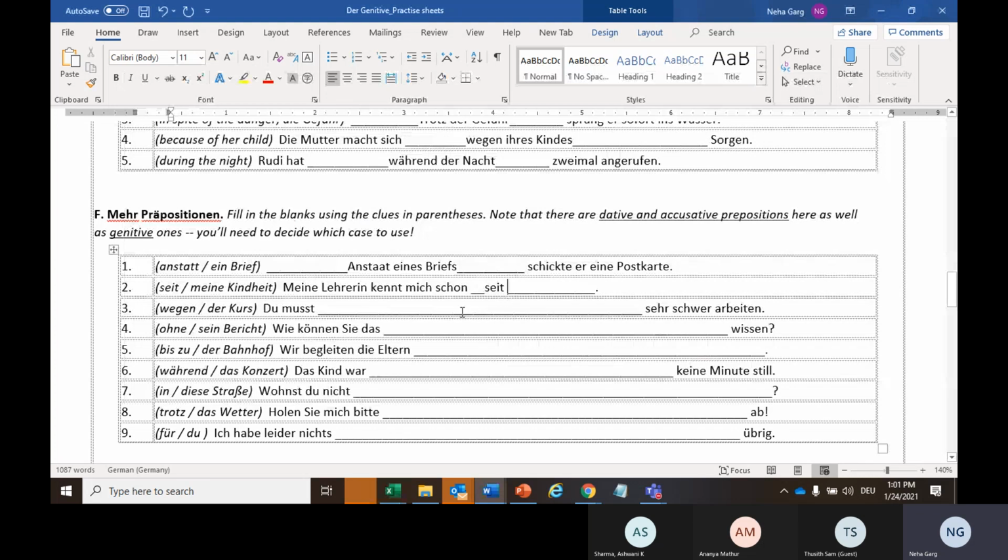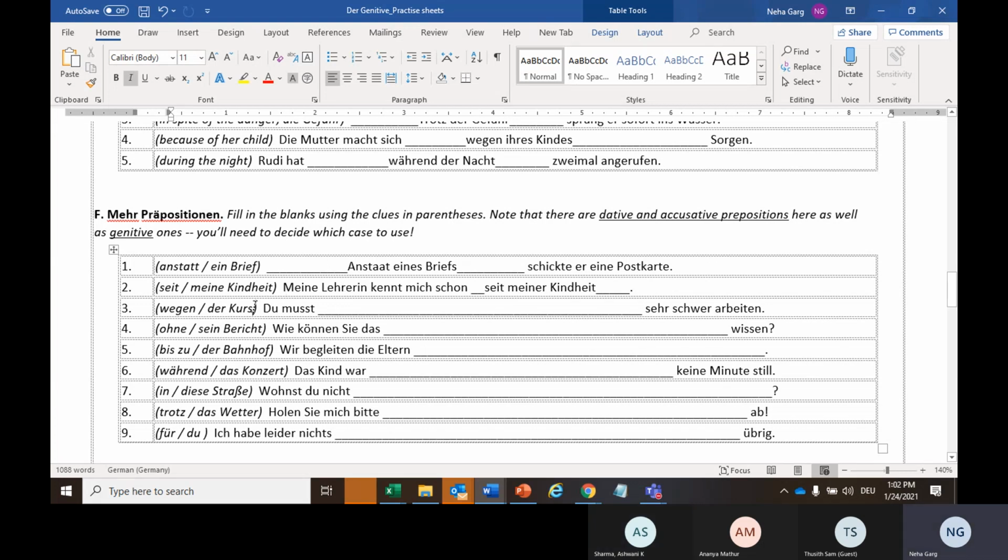Also seit meiner Kindheit. Was bedeutet das? Meine Lehrerin kennt mich schon seit meiner Kindheit. Knows me. Kennen. Kennt mich. My teacher knows me already since my childhood. Clear?